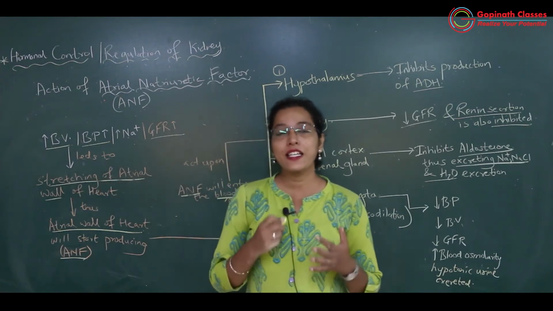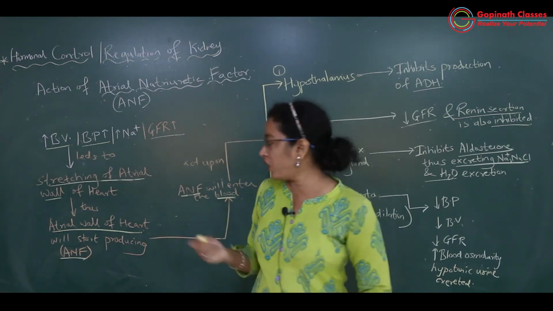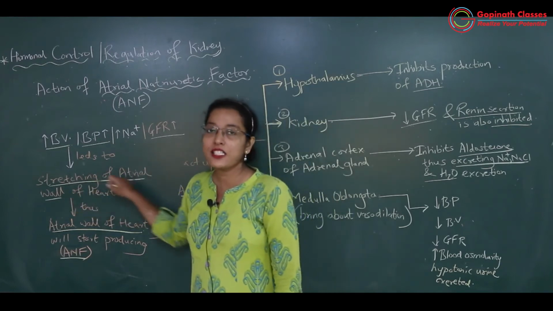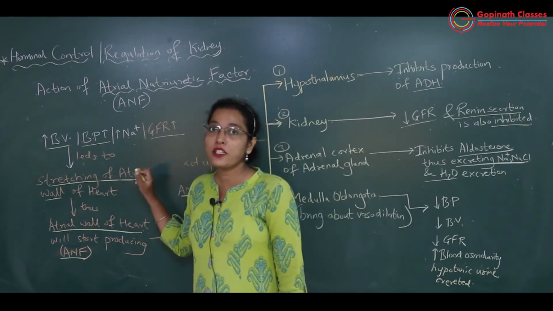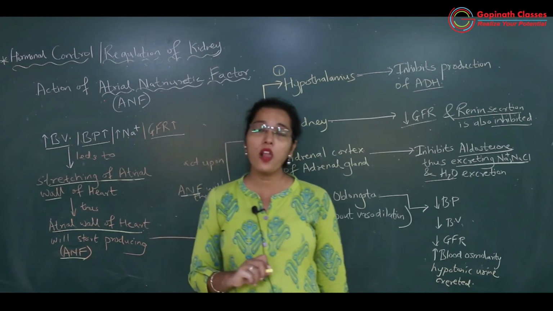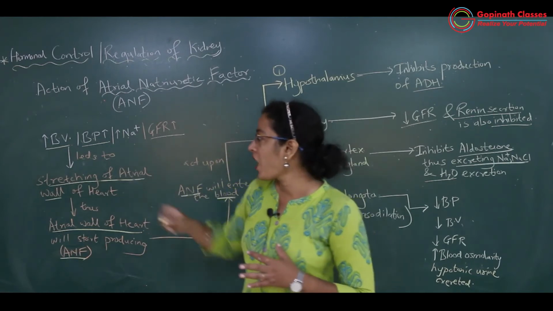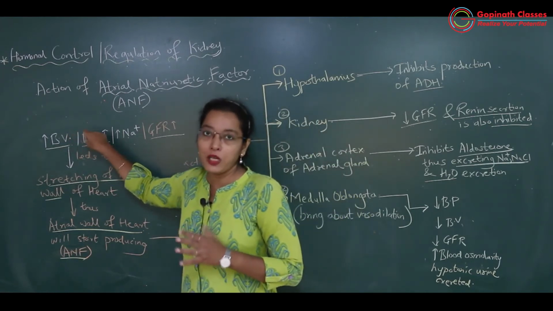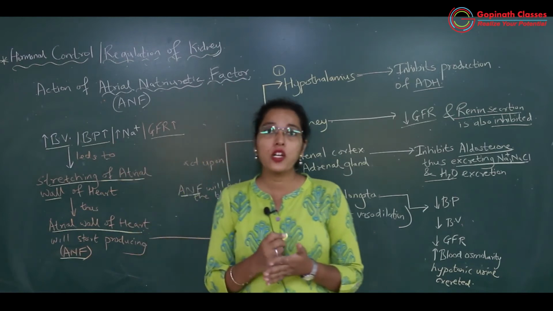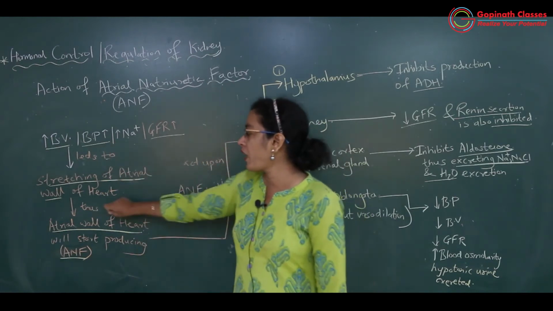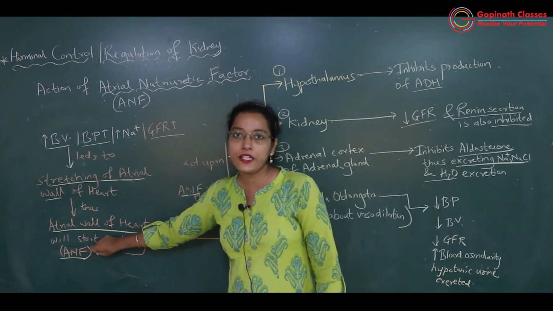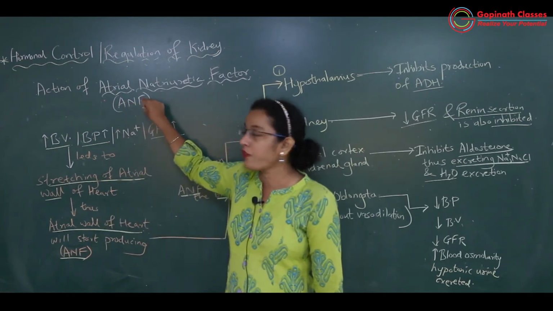As there is much more stretching of the atrial walls, these atrial walls have certain receptors which will analyze high BP and high blood volume, because of which there will be production of atrial natriuretic factor.